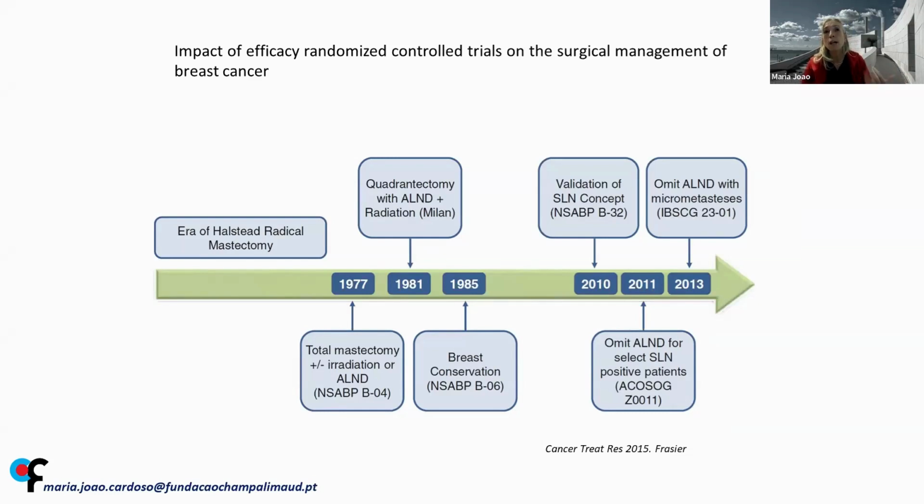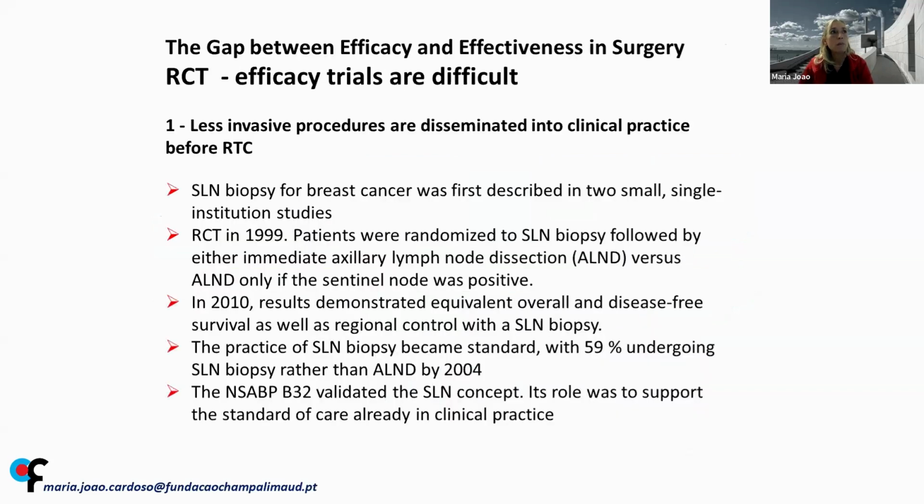So that's why we have so many trials. It's not because there's a difference between this type of surgery and the other, it's because there's a lot. It's like prostate, you have a lot. So we have quite a timeline in developing trials, and those are some of them.